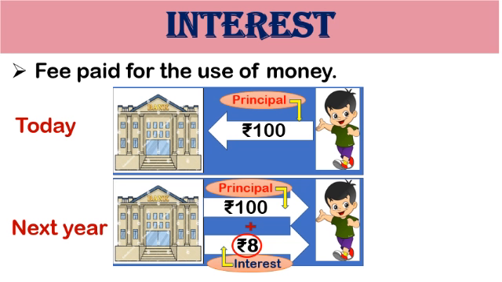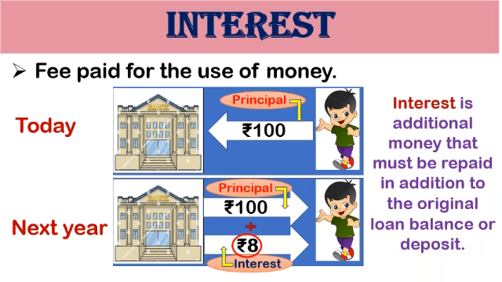So what Rahul gets after a year is the 100 rupees of principal and 8 rupees of interest. And the sum of these two is called the amount. So children, we can say interest is the additional money that must be repaid in addition to the original loan, balance or deposit. Let us see one more example.